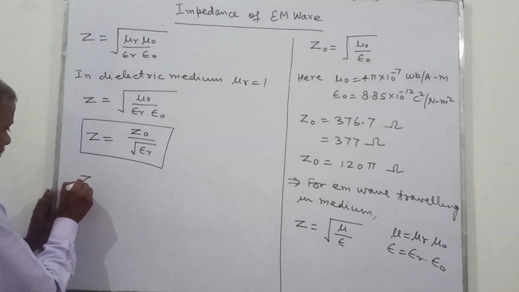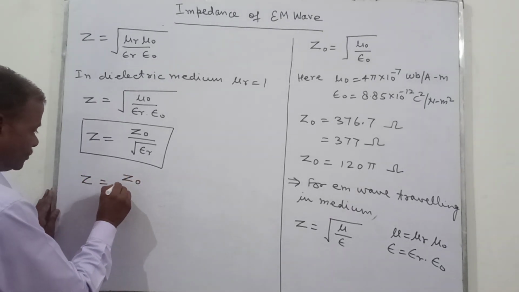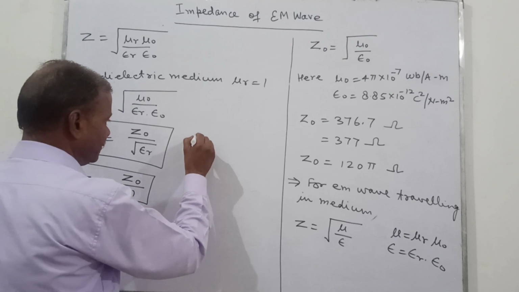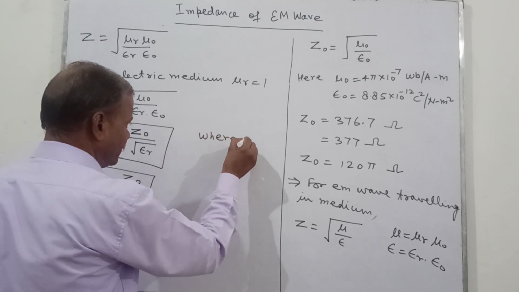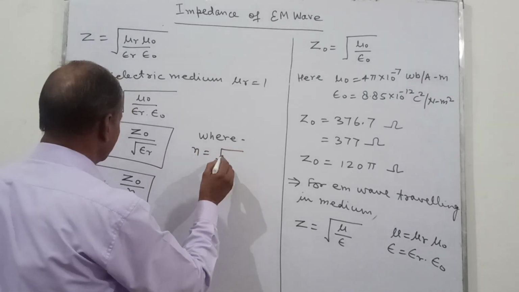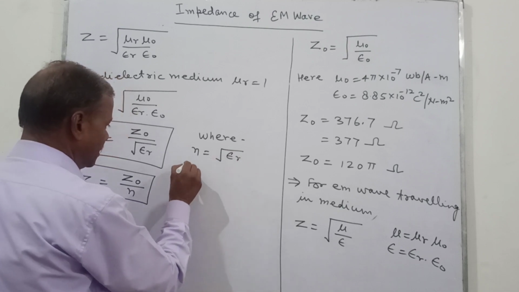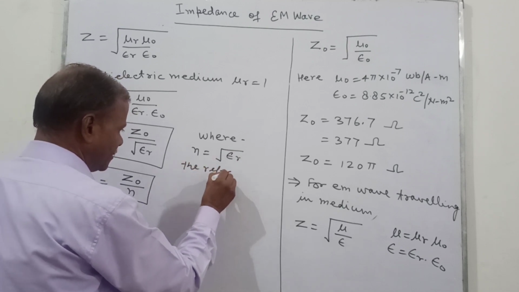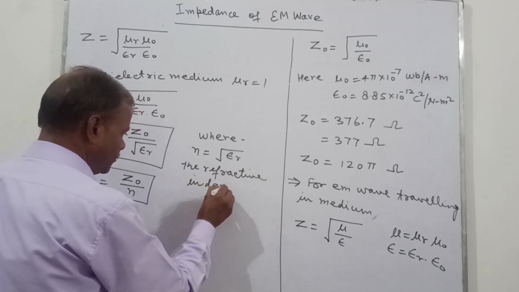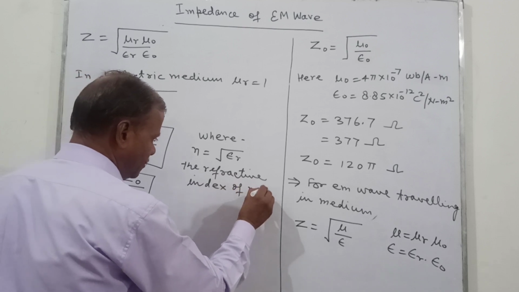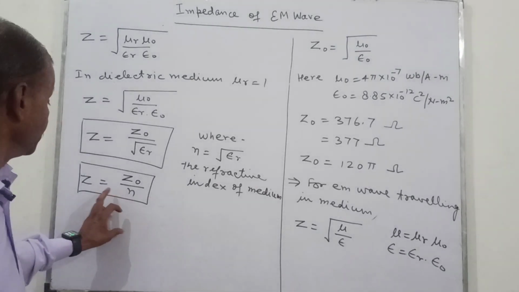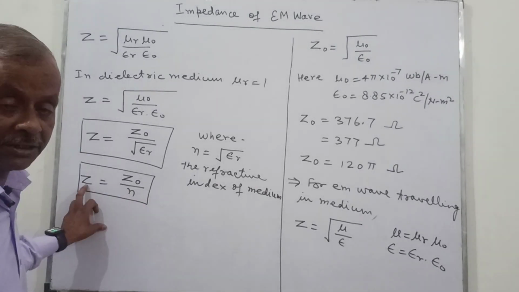So Z equals Z naught upon n, where n equals square root of epsilon r, the refractive index of the medium. So as n increases, Z decreases.